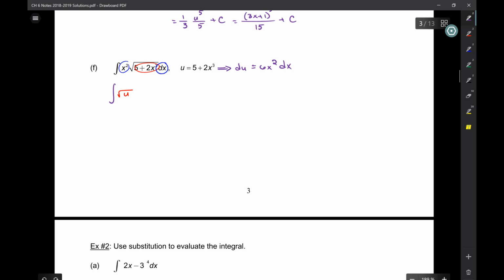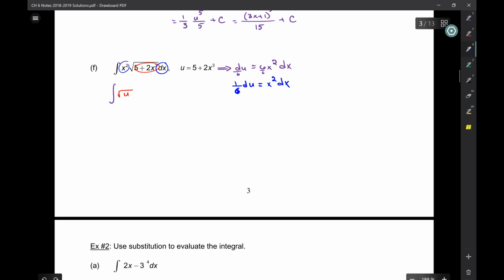So this has to equal whatever the blue parts are, x squared dx. All right, so how do I rearrange this so that one side is only x squared dx? Divide by 6. So 1/6 du is x squared dx.